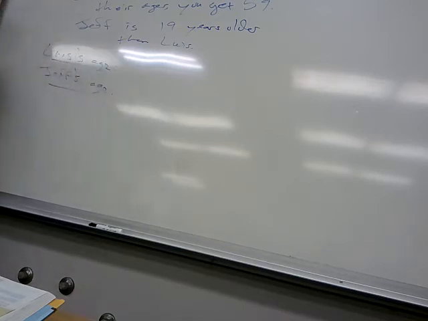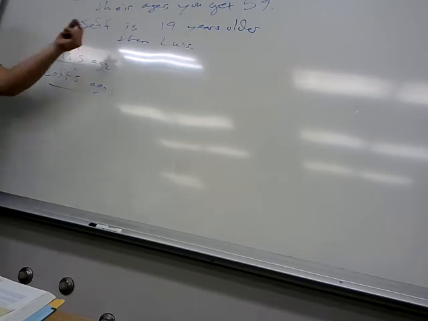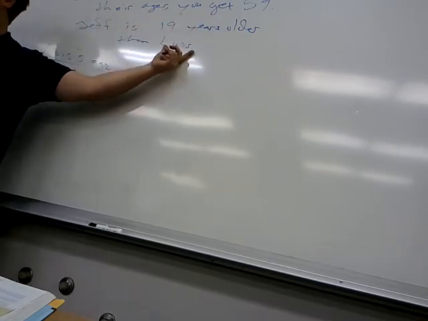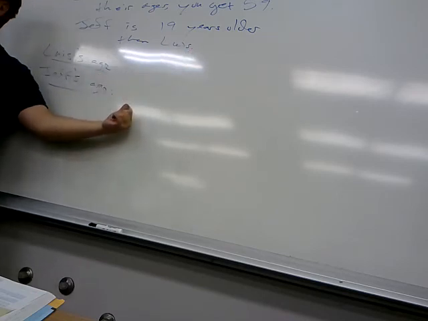Which one of these things would I really have to know first to be able to figure out the other one? I'm 19 years older than he is. So I'd have to know his age first, and then I could do what to figure out my age? Add 19. So see how Jeff is blah Luis, right? So then I have to know Luis first.